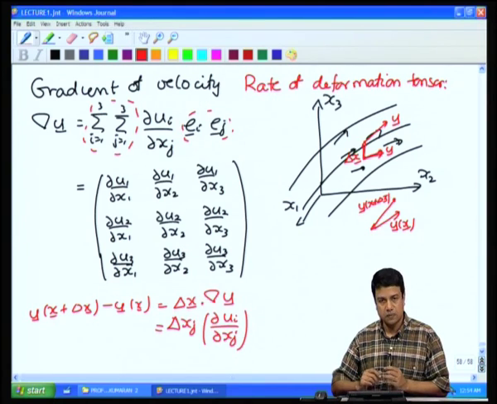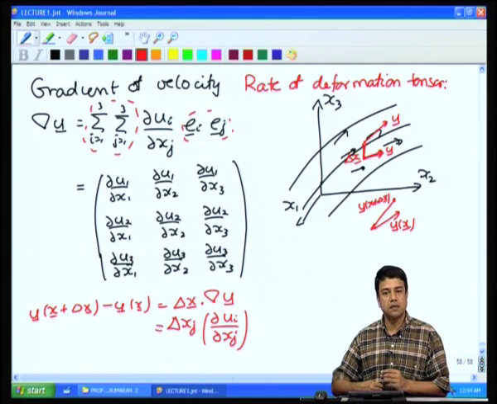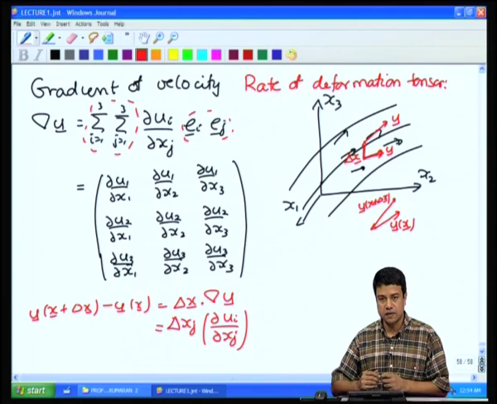So, this tensor, which basically gives us the rate at which nearby points are moving with respect to each other, gives you the rate at which deformation is taking place, and that is why it is called the rate of deformation tensor. And obviously, any stresses that are generated within the flow cannot be related to the velocity itself, because if you move a reference frame with a constant velocity, there should be no internal stresses generated within the flow.